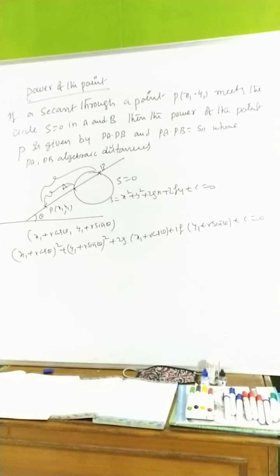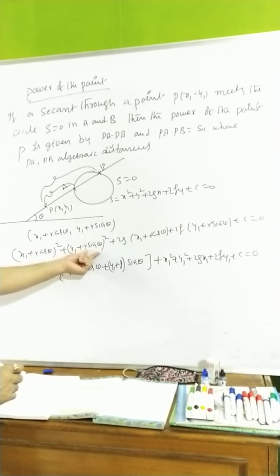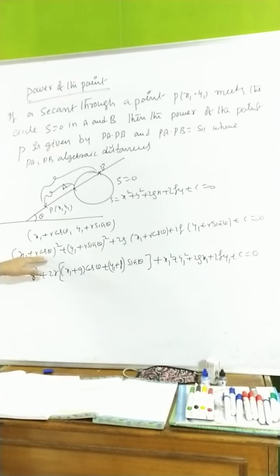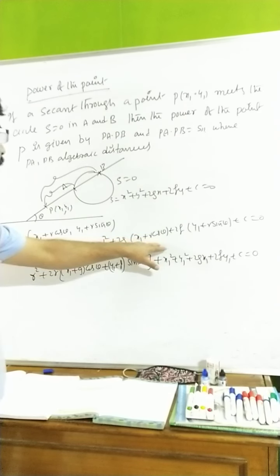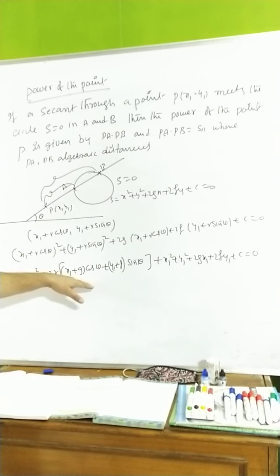After simplifying, it is very clear why I wrote r square here: r square cos square theta plus r square sin square theta, and cos square theta plus sin square theta is 1, so we get r square. And if I take 2r common, x1 cos theta is there, and g cos theta is also there. That is the reason I wrote it like this.